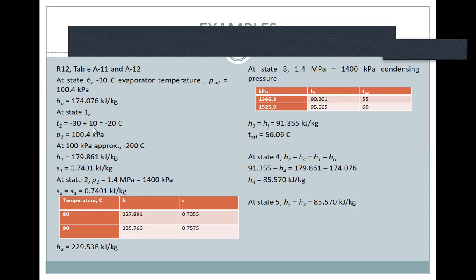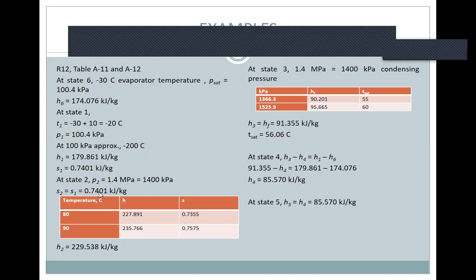So madadagdagan ng 10. It's negative 20C. And P1 is 100.4, so at 100 kilopascal approximately. So negative 20C, H1 is 179.861 kilojoule per kilogram. So you can interpolate that. S1 is equal to 0.7401 kilojoule per kilogram-K.